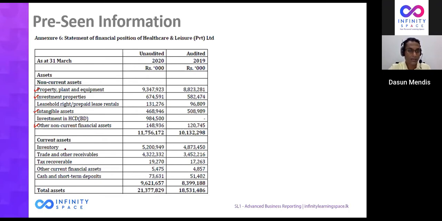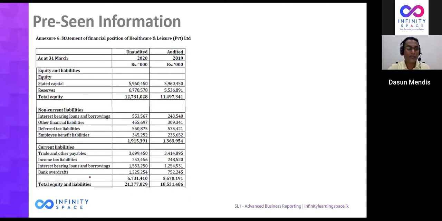Then current assets, where you have inventory, trade receivable, tax recoverable, other financial assets, maybe some items to be measured at fair value, cash and short-term deposits. Then what we have in the following slide is the equity section, share capital and the reserves, and the non-current liabilities and current liabilities.